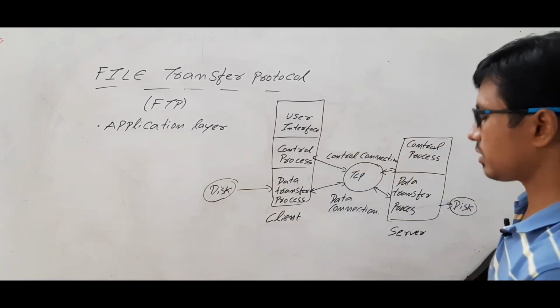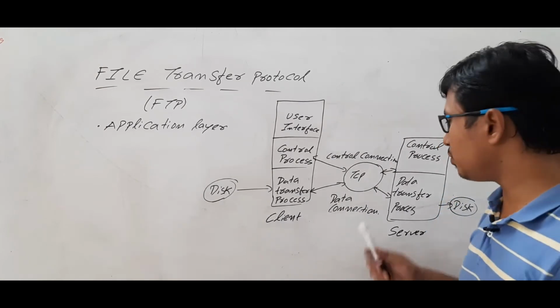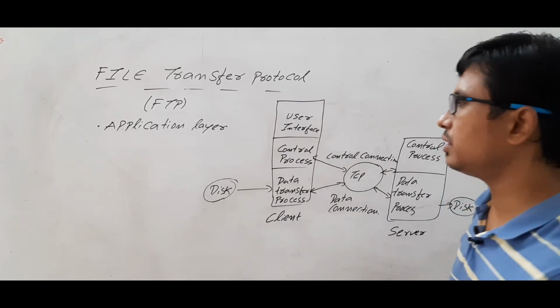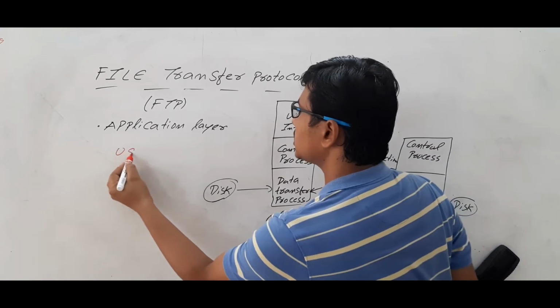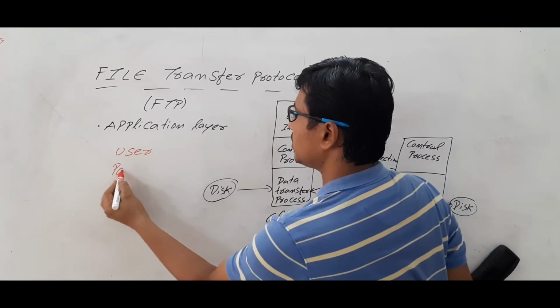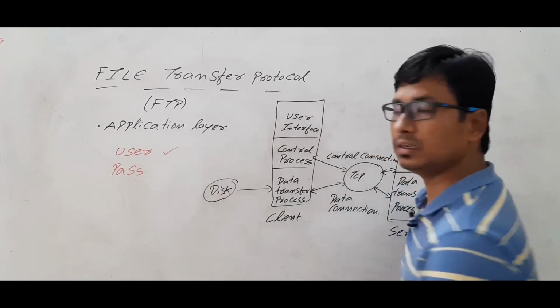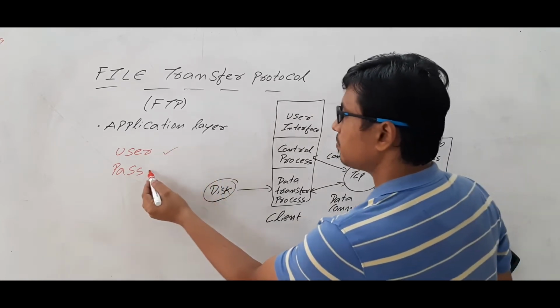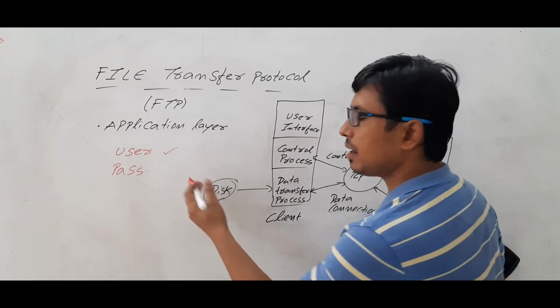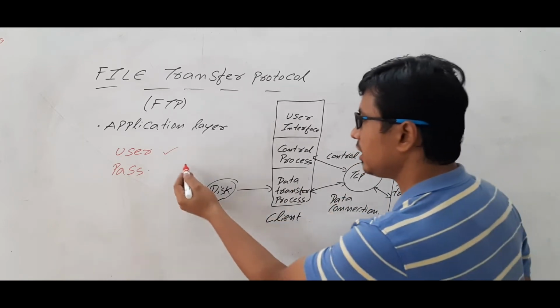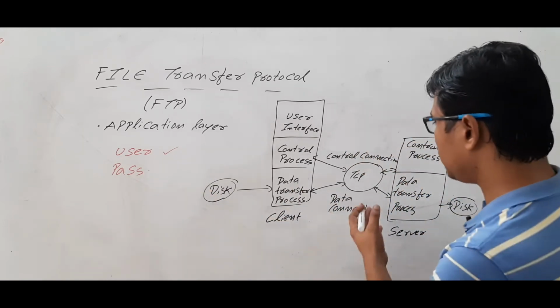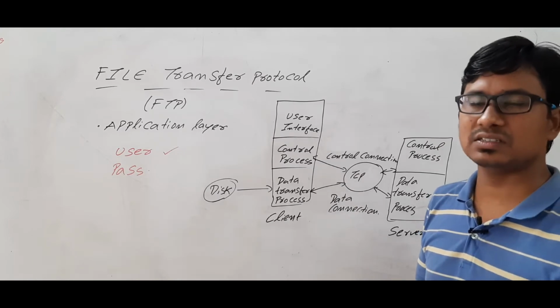What are the control commands? Suppose you want to access the server, first you need to enter the username and password. The username is provided with a command called USER, and you enter your username, and then the PASS command and you enter the password. If both are matching, then only you can access the server.